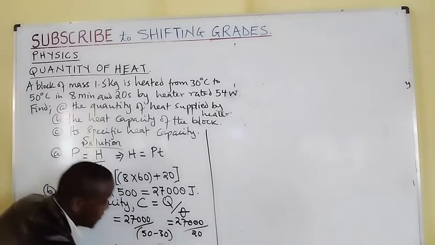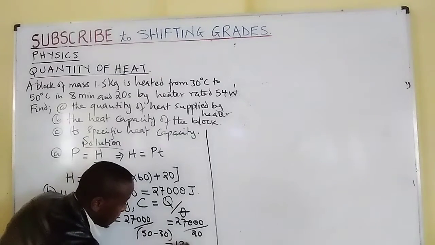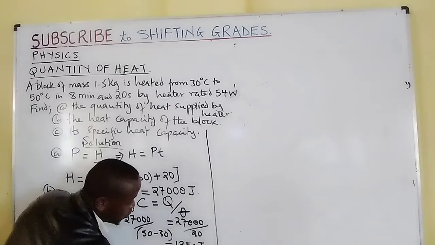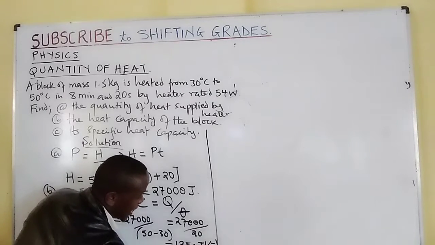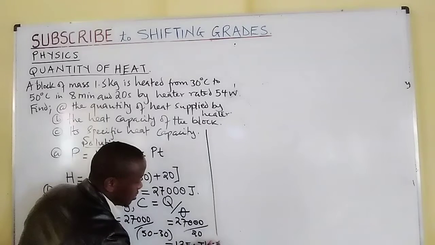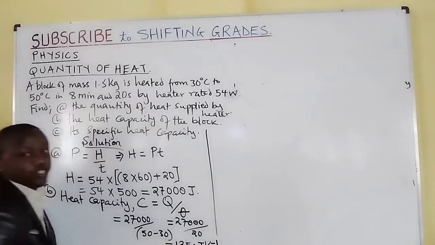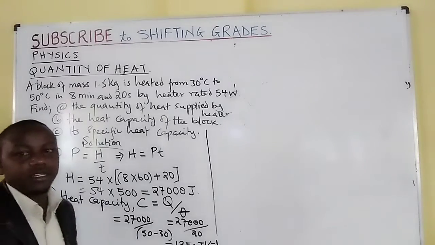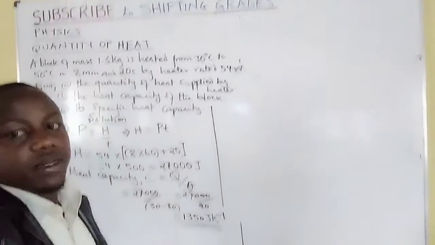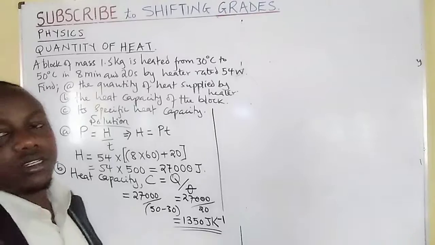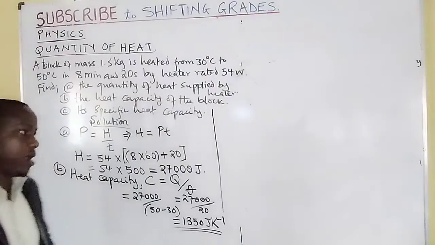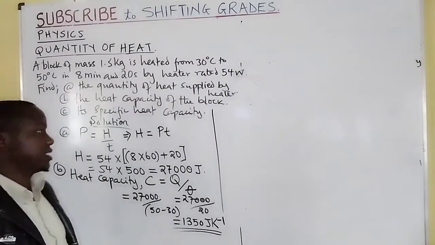This will be 1350 joules per Kelvin. Let me focus the answer well. Joules per Kelvin. So that's how it's calculated.